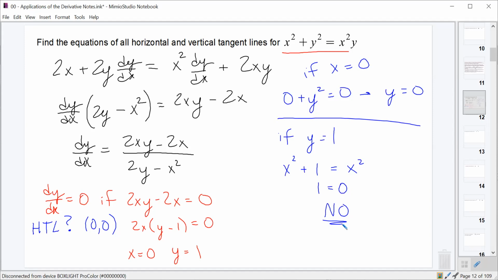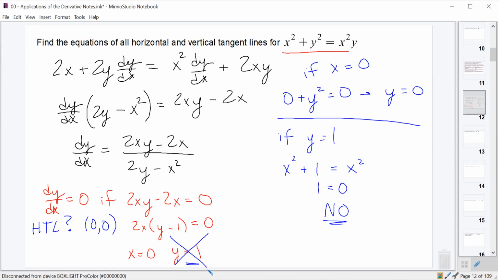So our equation here would like to have a horizontal tangent line when y is 1, but there's actually no value on our equation, on our graph, where y equals 1. So therefore, we can eliminate y equals 1 as a possibility. And we'll see an interesting thing that happens with the graph of this in just a couple of seconds when we graph it after we finish.